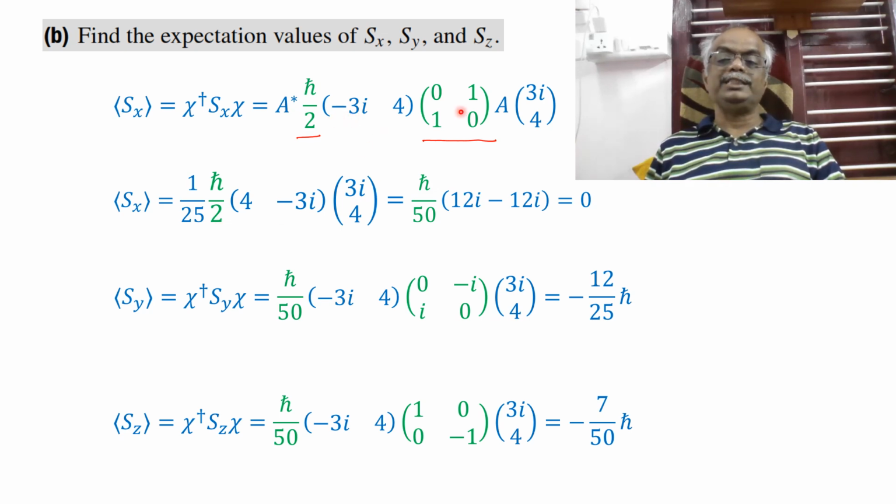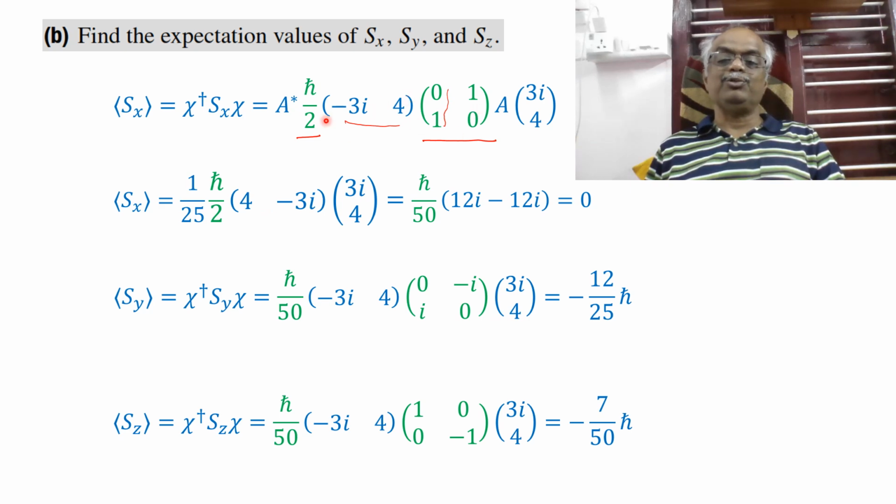Then you have this row matrix, the Sx matrix, and the column matrix. You multiply this and this. You will get this row matrix (3i, 4) multiplied by the column matrix. So this will become 3 minus 3i is 0, and 4 into 1 is 4.